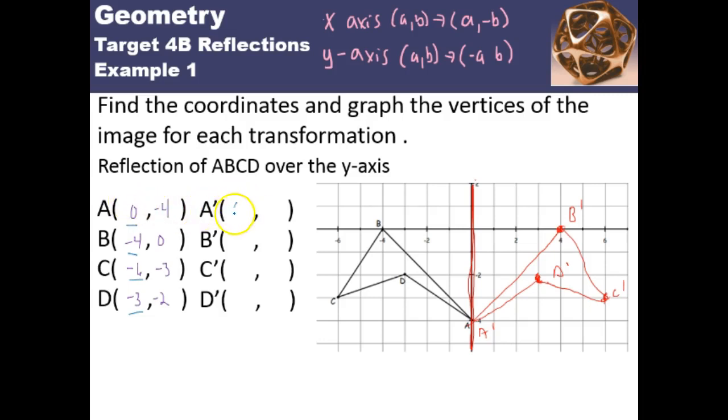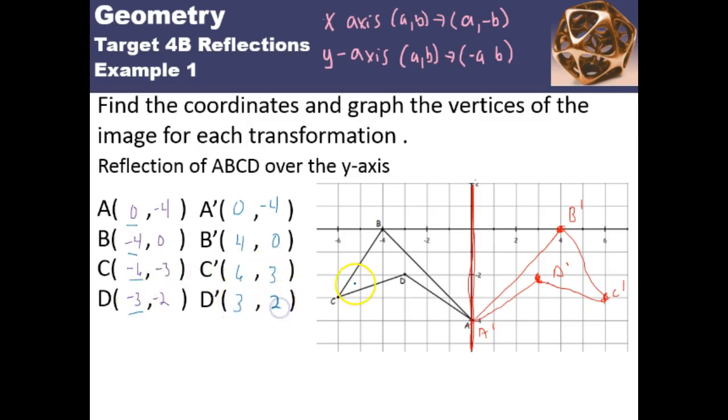So A prime is the same point that we started with, which was 0, negative 4, and that's what we said. We said it wasn't going to move. Okay, but if I change this negative 4 for B prime, this would be the point positive 4, 0. Now remember, only the x value is changing in this case. Okay, so this becomes positive 6, 3, and 3, 2.